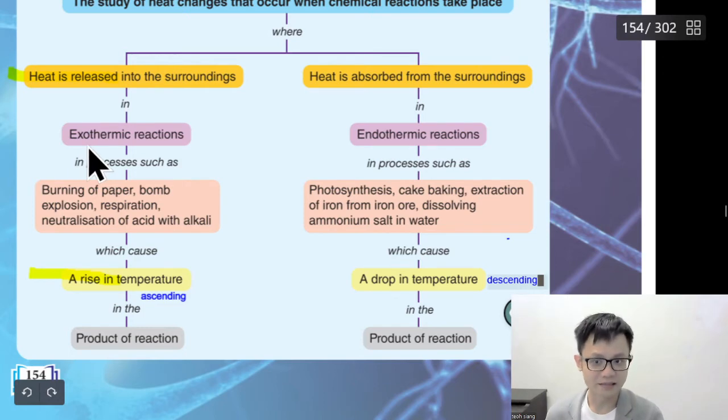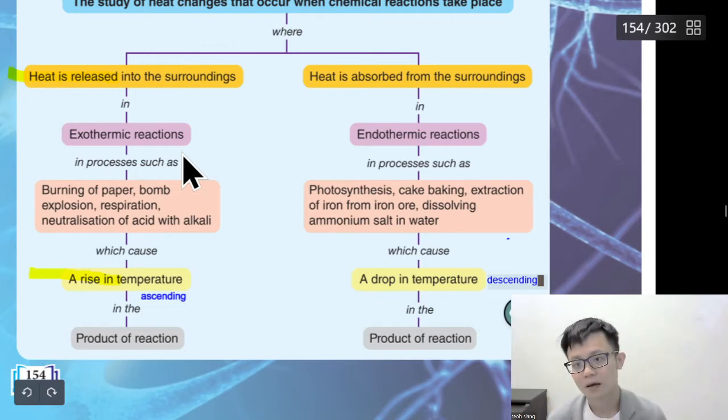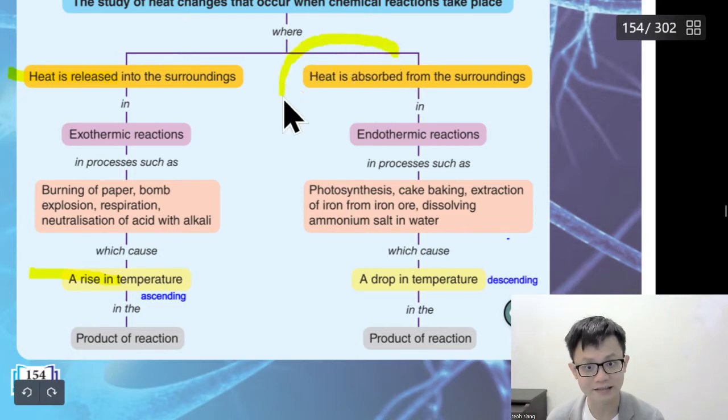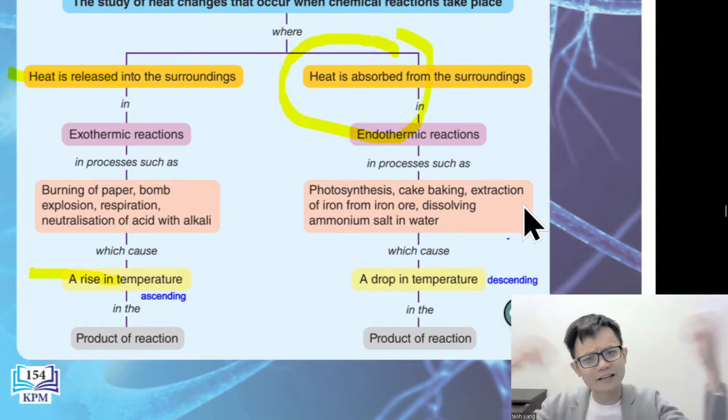If exothermic is hot, it means heat is released, like burning of rubbish, burning of food, cooking. Then I understand that the temperature rises. Usually the confusing part is when they say heat is absorbed. Not only students will think this, the teacher also will think, heat absorbed, right?